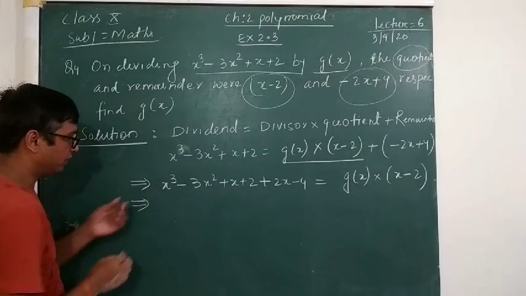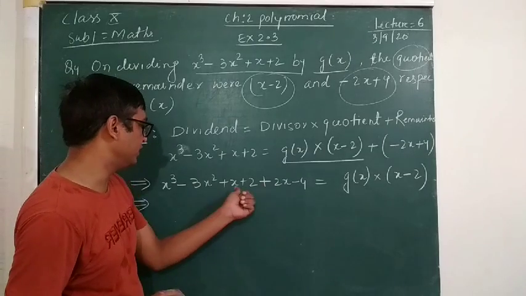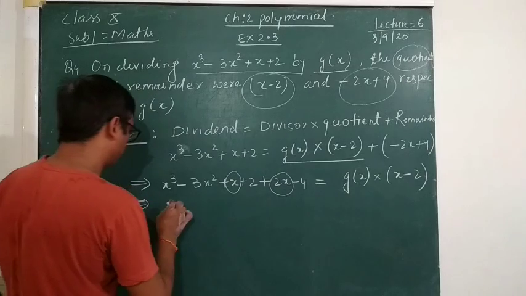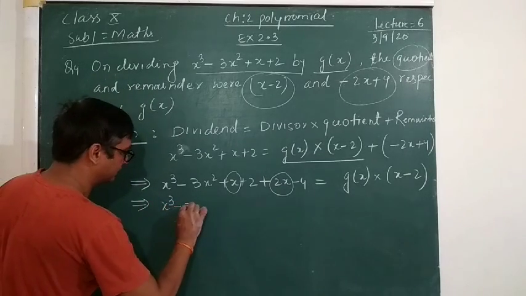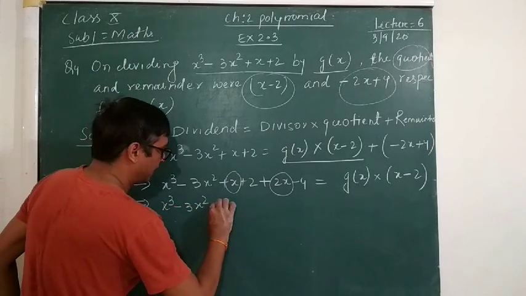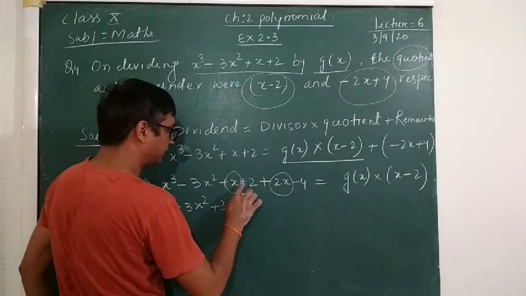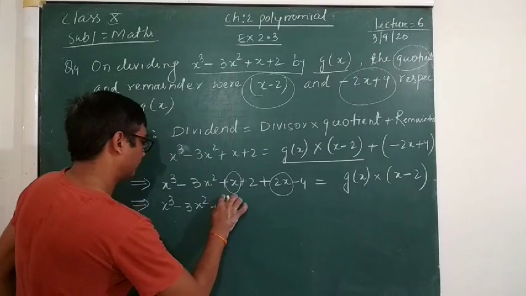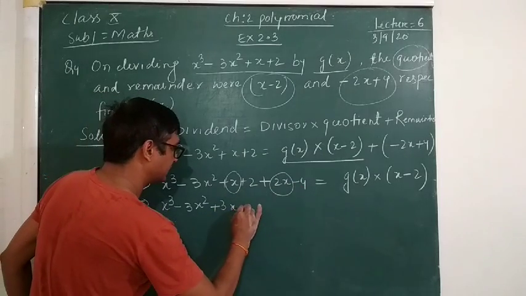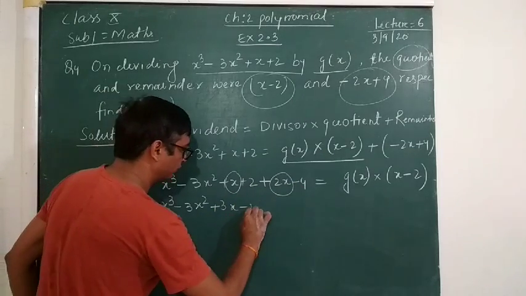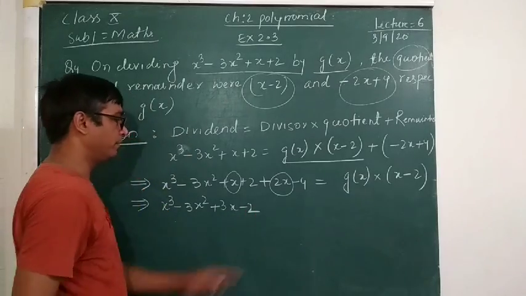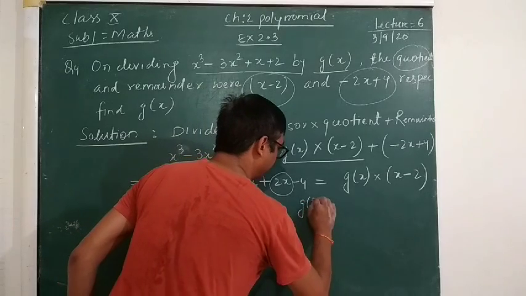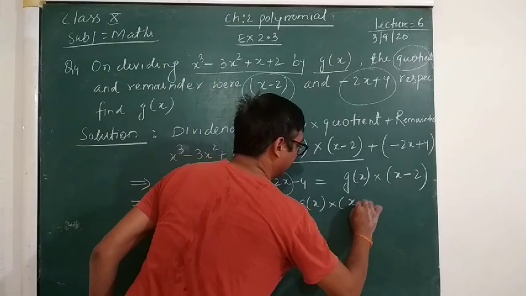So see the like terms: x cube minus 3x square plus 3x, and 2 minus 4 will be minus 2. Now this is equal to gx into x minus 2.